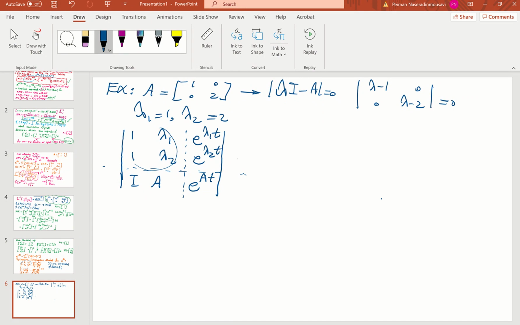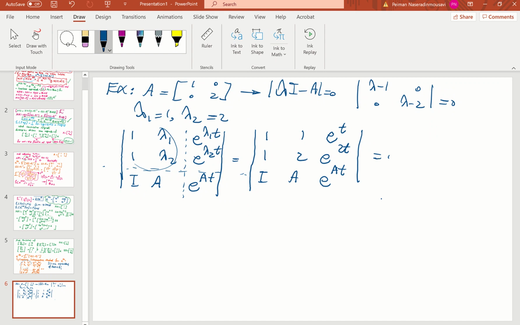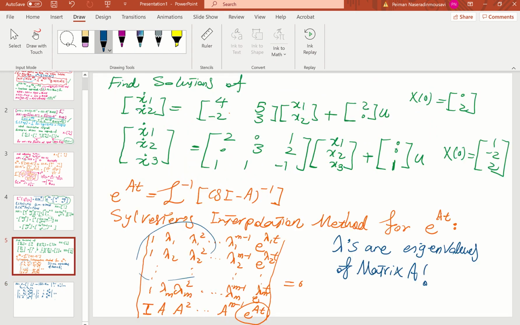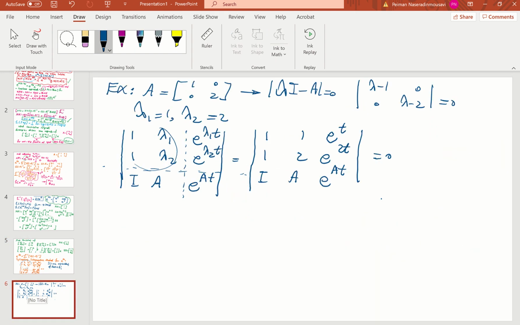So on the other hand, we are writing it like this: 1, 1, e^t; 1, 2, e^(2t); and I, A, e^(At), and the determinant is 0. I forgot to put it on. It is 0. Understand?